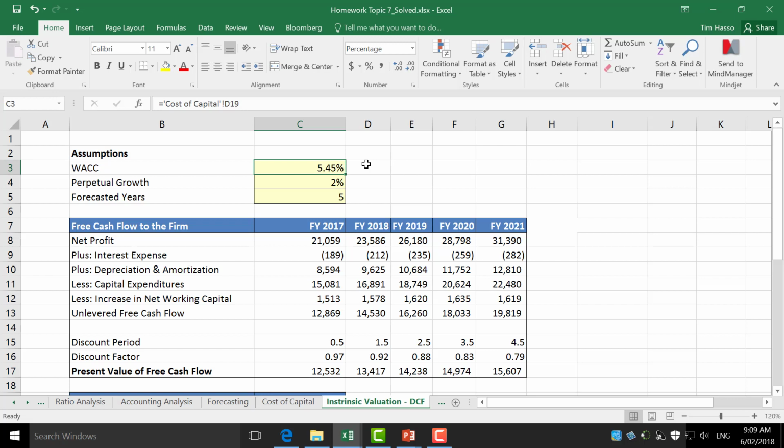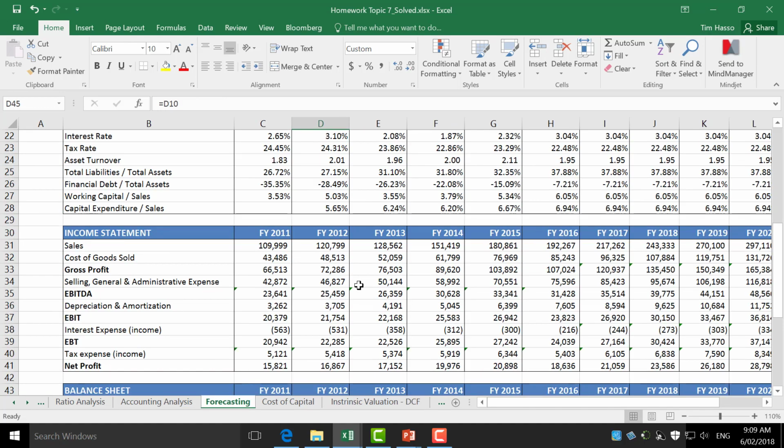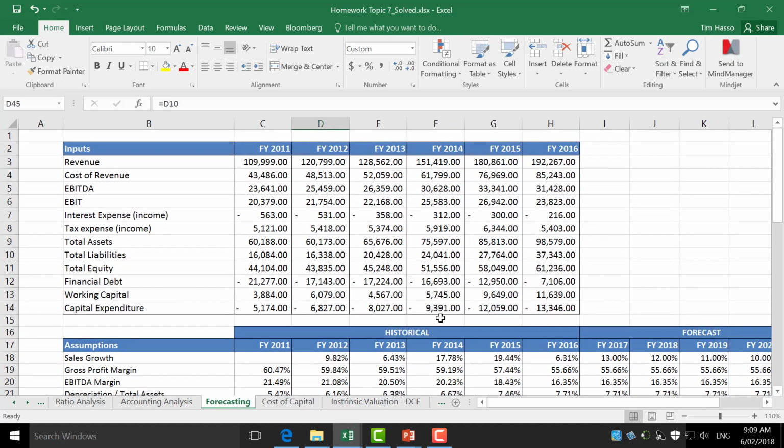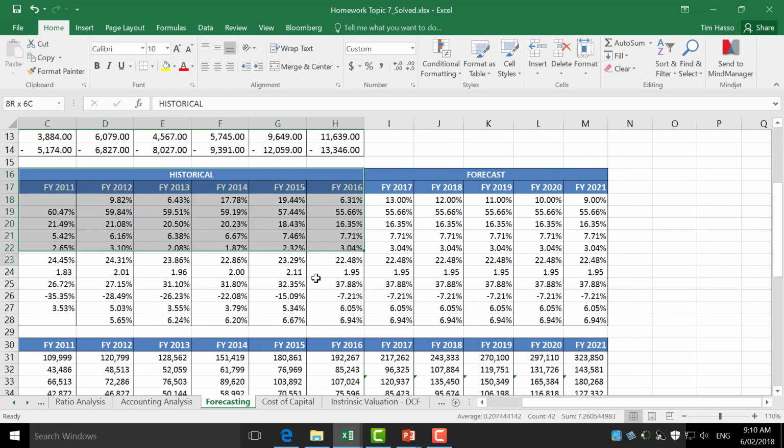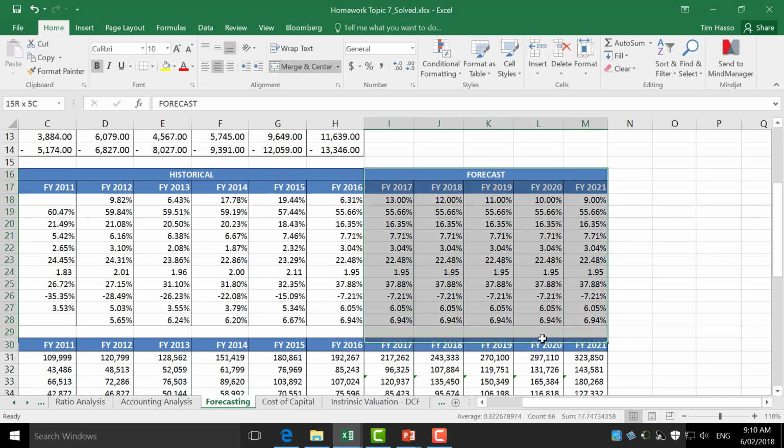But again, even when we look at, for example, the net profit margin and so on, this model is based on the fact that we start with net profits, we get back to cash, and we discount those cash flows. These net profits, these cash flows, are all based on the forecasting week. The forecasting week, which is what we'll do next week, works on the basis that we have some historical data and we have forecasts.